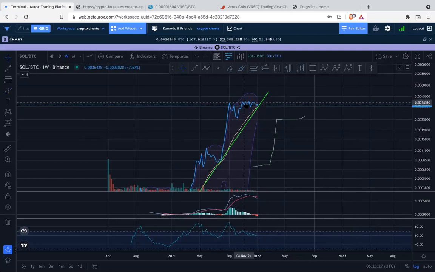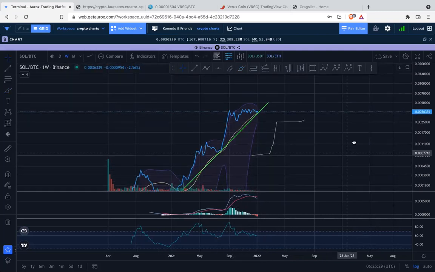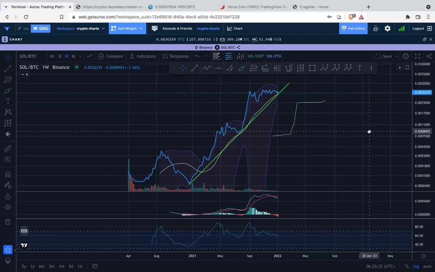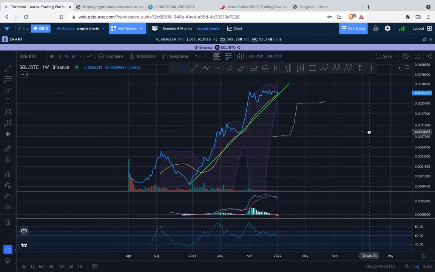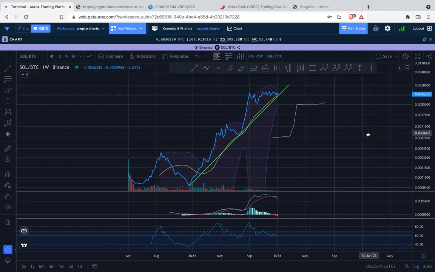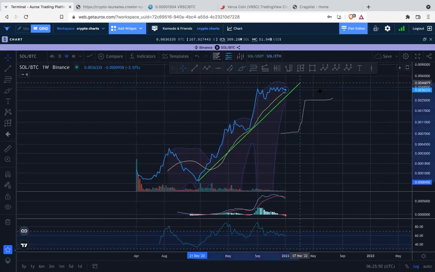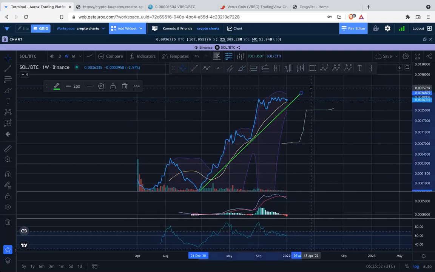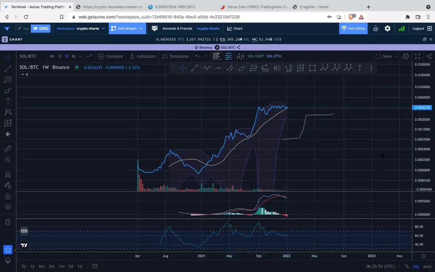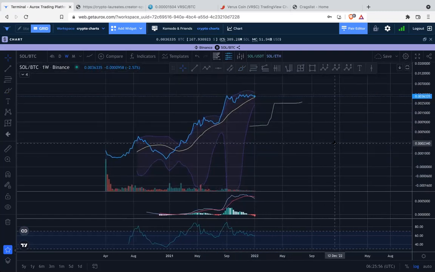There's also the chance that it's just distributing, and what we actually see here is... actually, no, I think there's definitely a chance for it to continue going higher. That's all I'm going to say. All right, that's it for that Seoul chart.